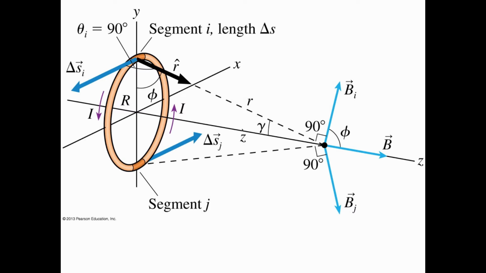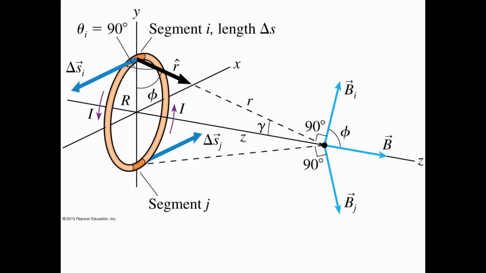There's also an angle between the Z direction here and the R hat vector. So that gives us the gamma angle there. Phi is also the same angle as the R hat to the y-axis over here.